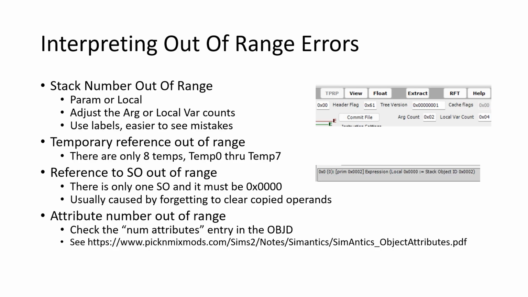It's almost always caused by a copy-paste kind of error, or forgetting to clear out your copied operands. When you insert a new line, it takes all the operands, and it's so easy to go local 0 equals stack object, local 0 equals local 0 plus 5, and not realise that you've got a stack object ID 2 there.